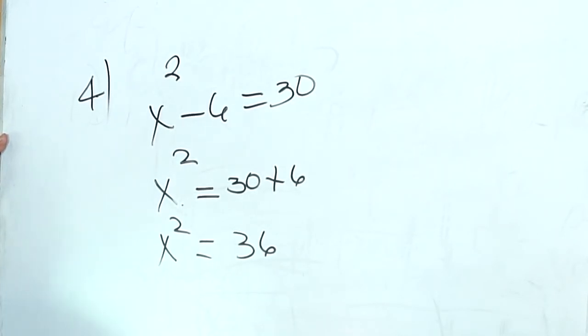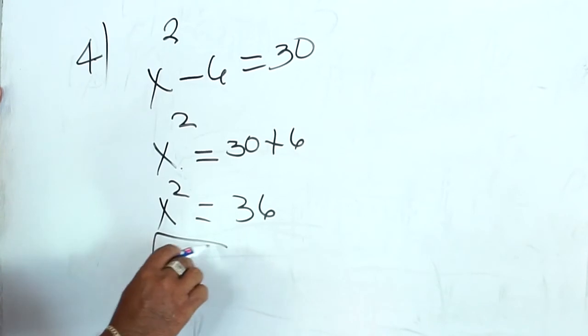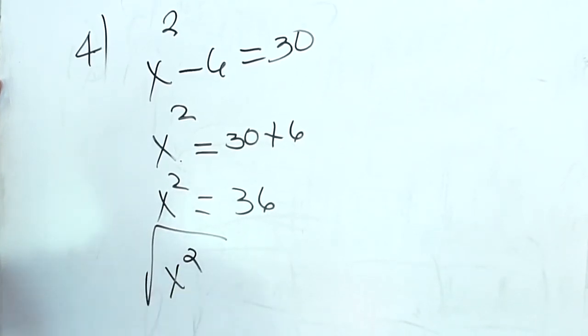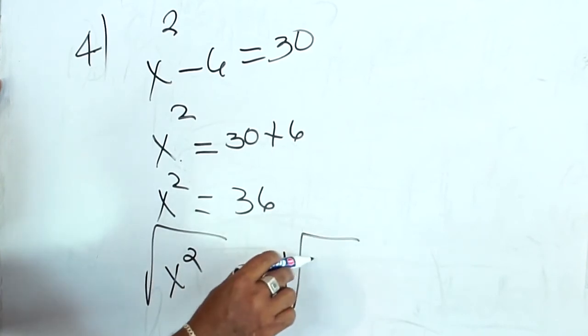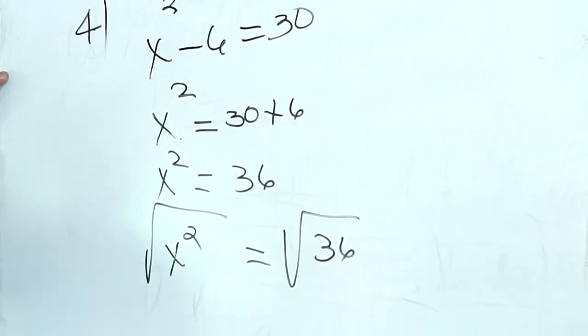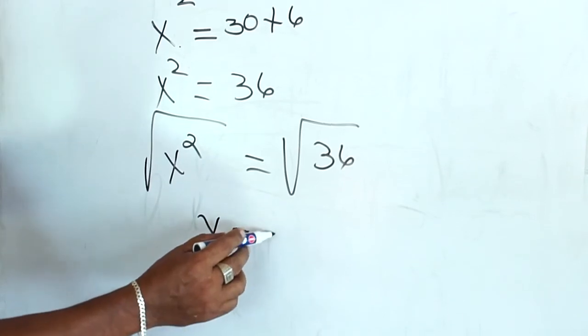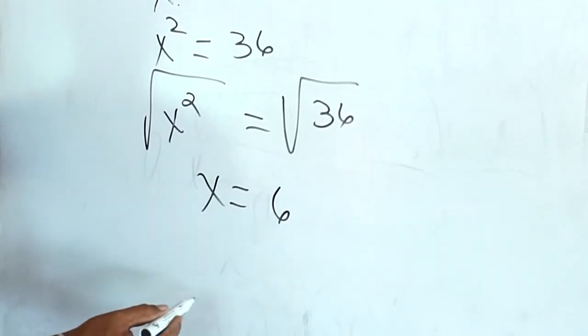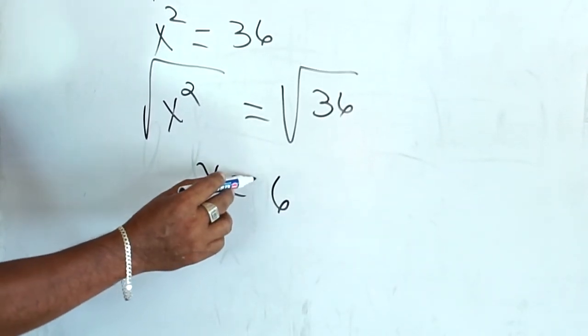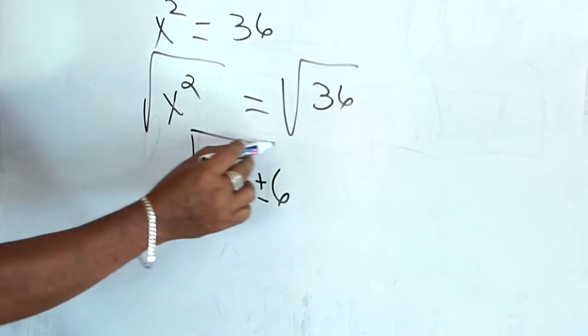Then take the square root of both sides. The square root of x squared is x, and the square root of 36 is 6. So the answer is x equals positive 6 and negative 6.